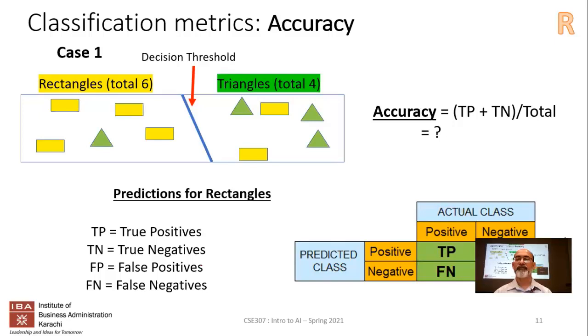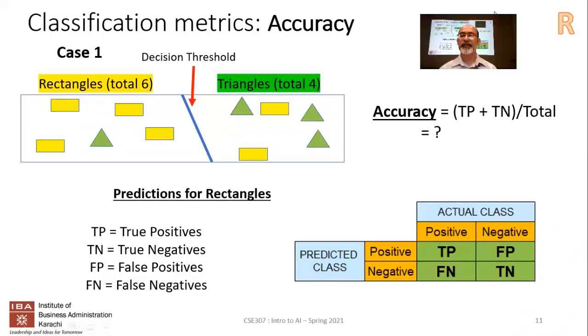what is called the confusion matrix. So this particular matrix is referred to as the confusion matrix. Why? Because it's kind of confusing as well, right? So you have the predicted class over here, and the predicted class is positive in the top row, which basically means what you're predicting is positive.